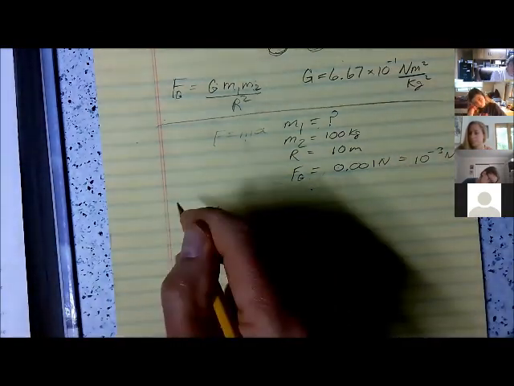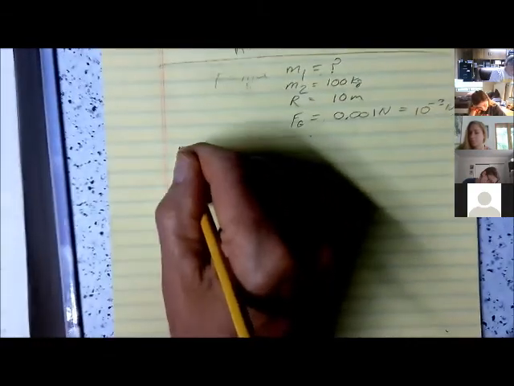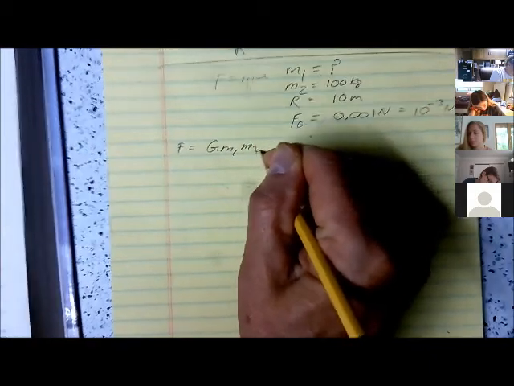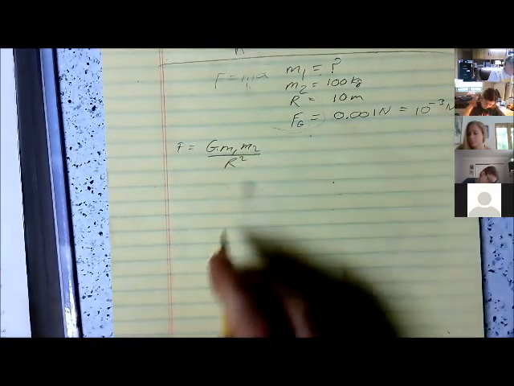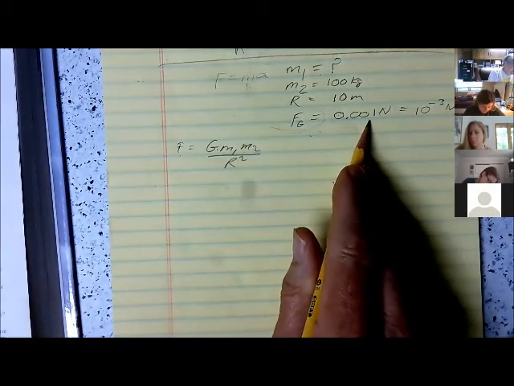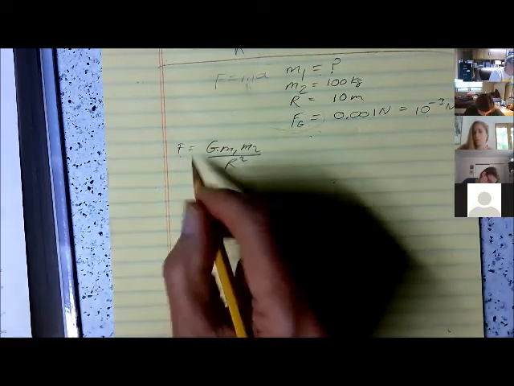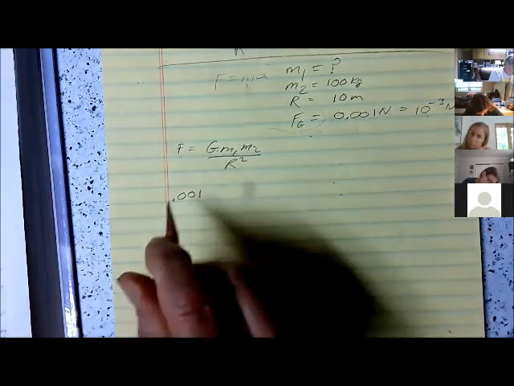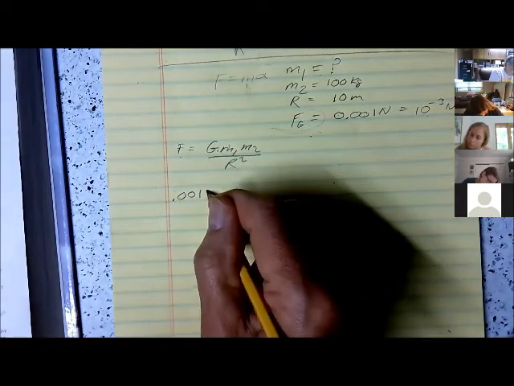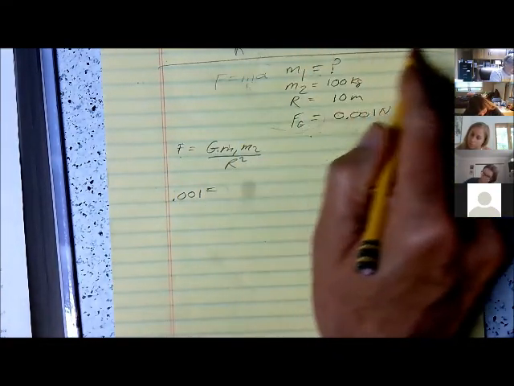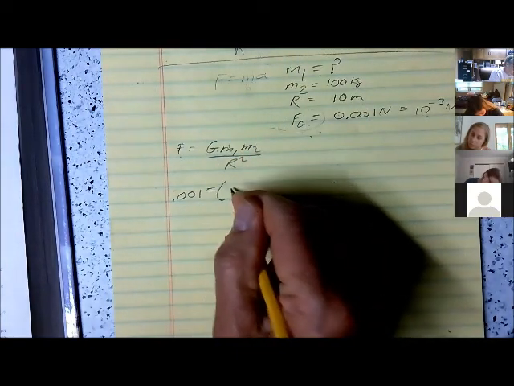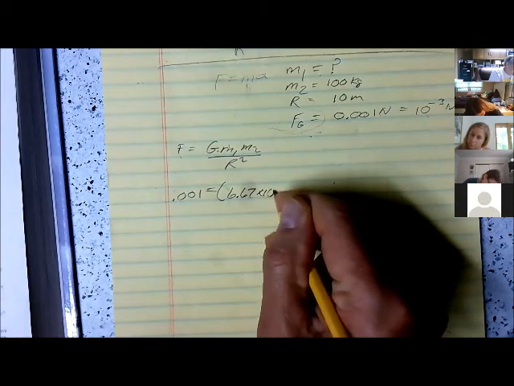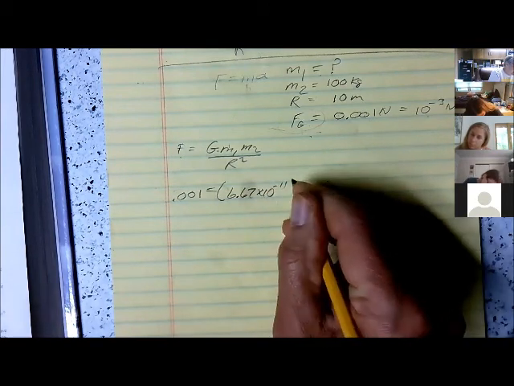In any event, let's write down our formula. F is equal to G M1 M2 over R squared. Now we're going to plug in. F we know is 0.001. That equals G, which is this number, 6.67 times 10 to the minus 11th.